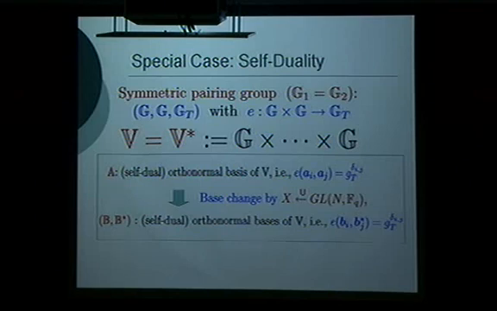Then we apply a linear transformation and get B and B star like this. So X is applied from A to B, and X inverse is applied from A to B star. Then this property is satisfied. And again, it is hard to compute B star from B and A, but it is easy by using the trapdoor capital X.